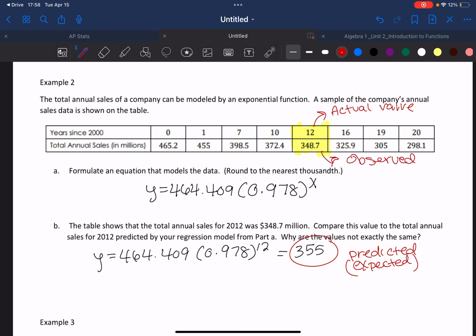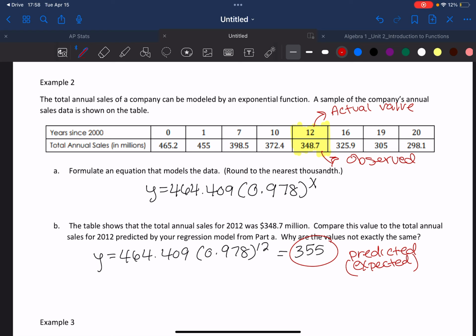Okay, so the reason why they're different is because the whole point of a regression model is to make a prediction. So let's say we were making a prediction for a year that has not happened yet. So for example, 2035. Well, in 2035, we don't know how much those annual sales are, but we could plug in 35 for x and get a predicted value.